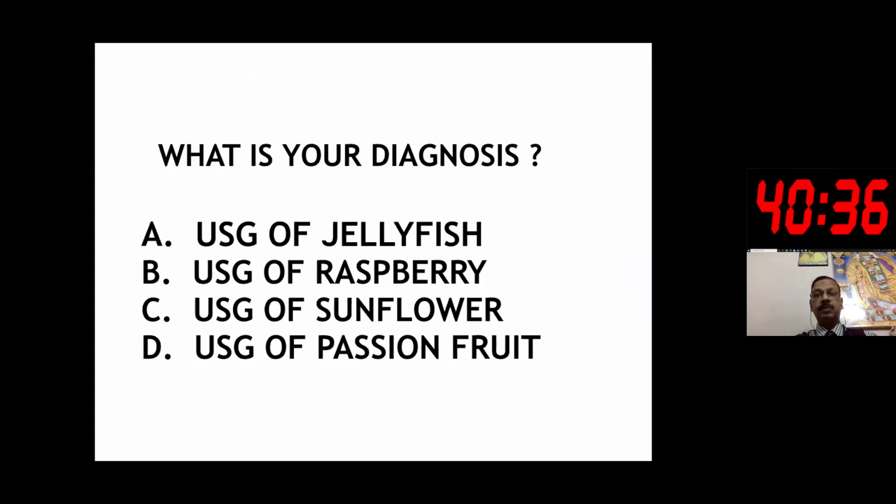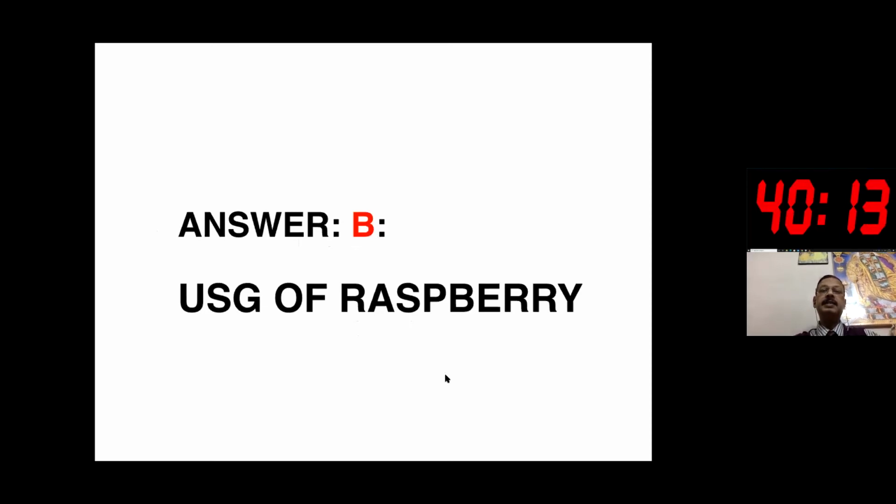You can submit your options, and the voting window will automatically go after 10 seconds. The majority has given the answer jellyfish, but unfortunately, it's not correct. This is an ultrasound of a raspberry.